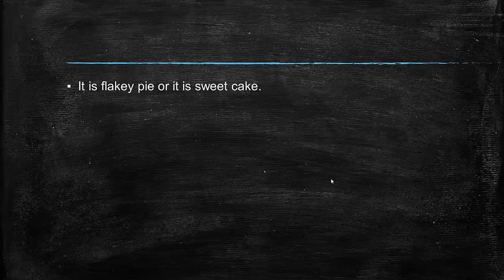It is flaky pie or it is sweet cake. Now, here what we've done is we've contracted our expression. It is flaky pie basically means it is flaky and it is pie. And it is sweet cake means it is sweet and it is cake.